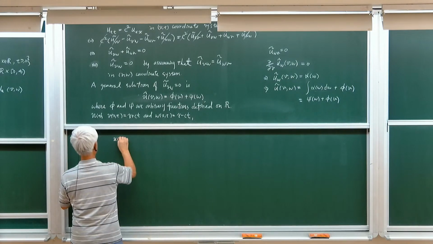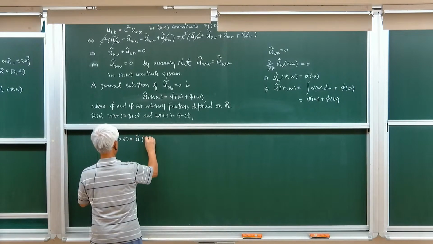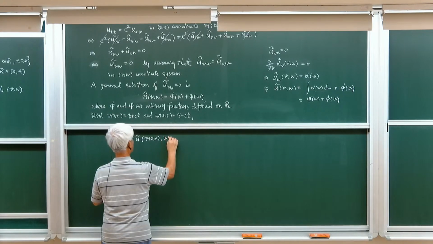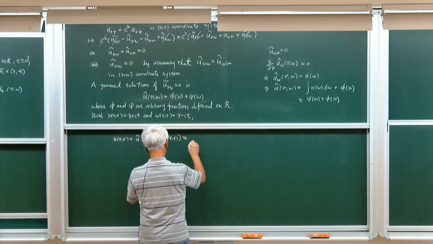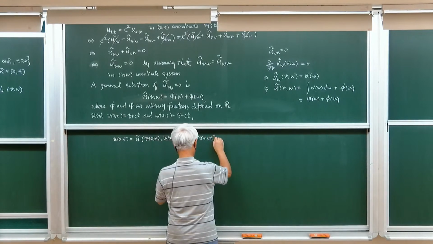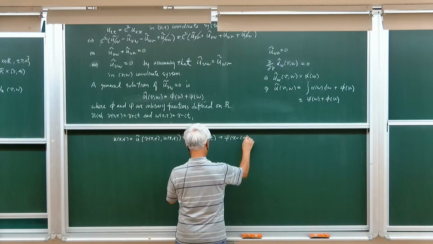That u(x,t) is the u tilde, v(x,t) and w(x,t).